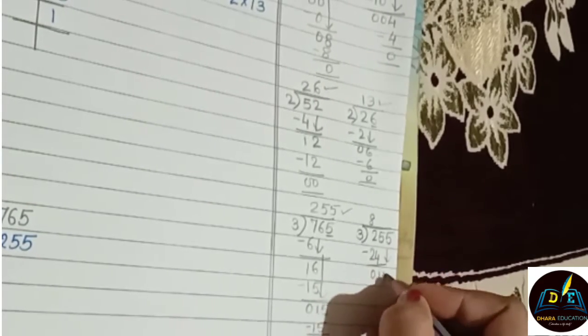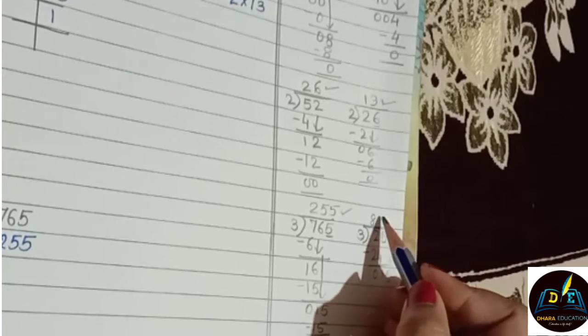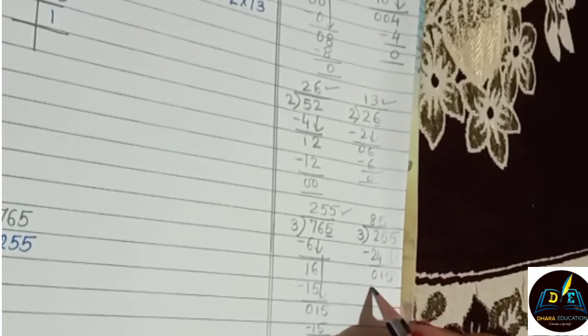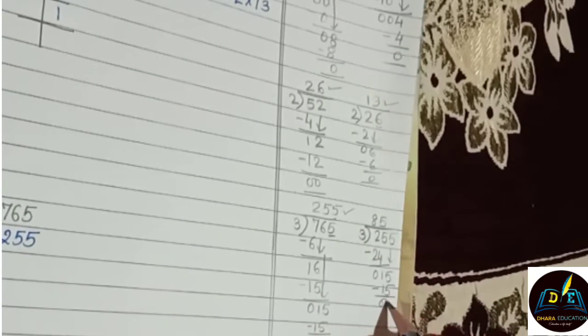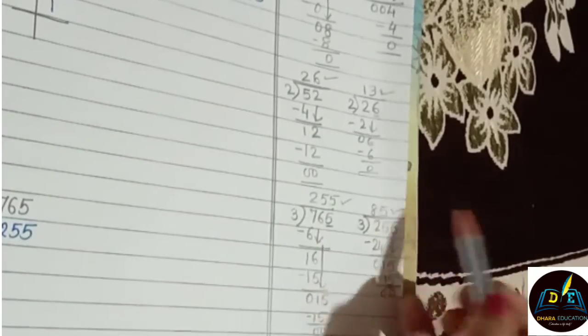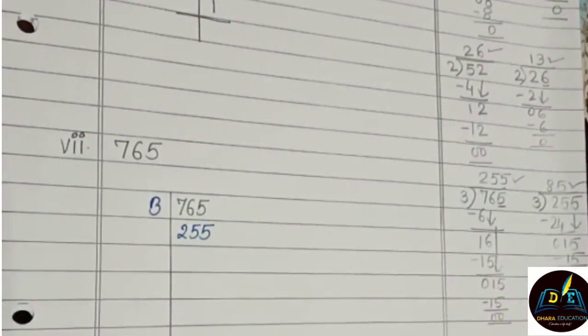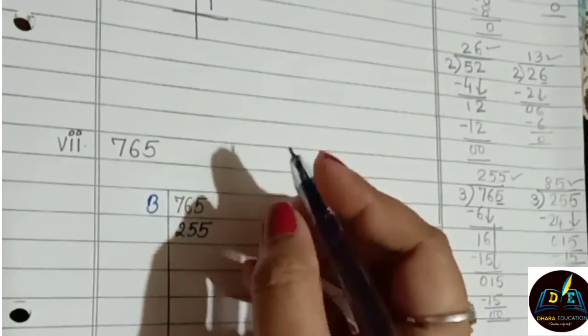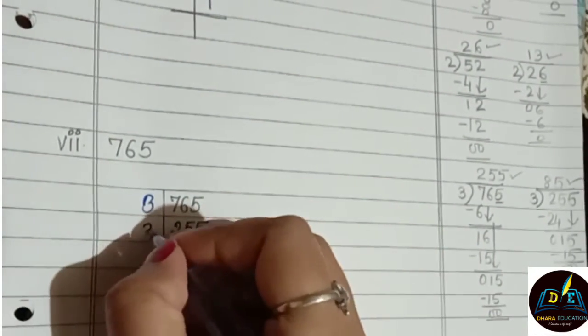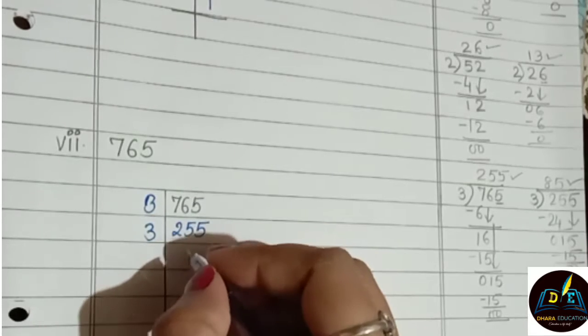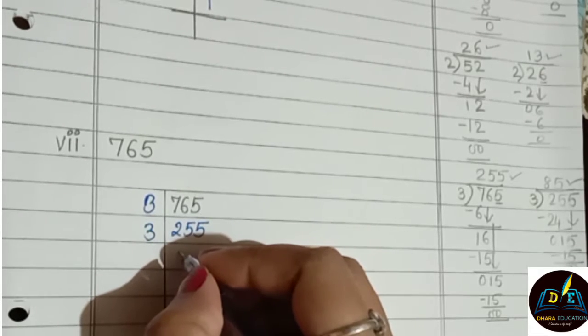This 5 will come down. So 3 5s are 15. So again we are getting the quotient as 85. So how do we need to write? Here again we will write 3 and here we will write 85.